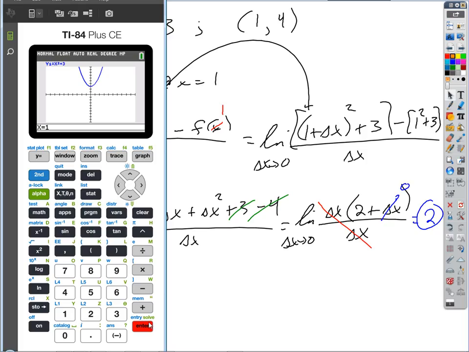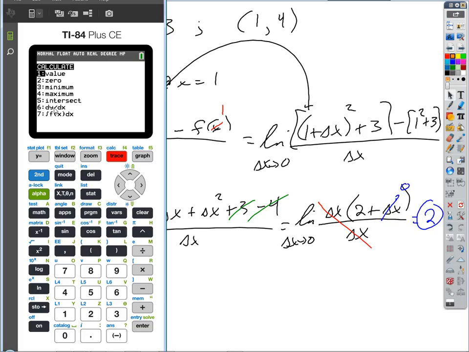We want to know the slope there, right? So I can do this graphically. Whenever I have a graph, if I go second calc, I get all my graph tricks. Which one do you think I want? None of those look normal, but 6, doesn't that kind of look like changing y over changing x? Turns out that's another notation, dy dx, for what we're just starting to talk about, which is the derivative.